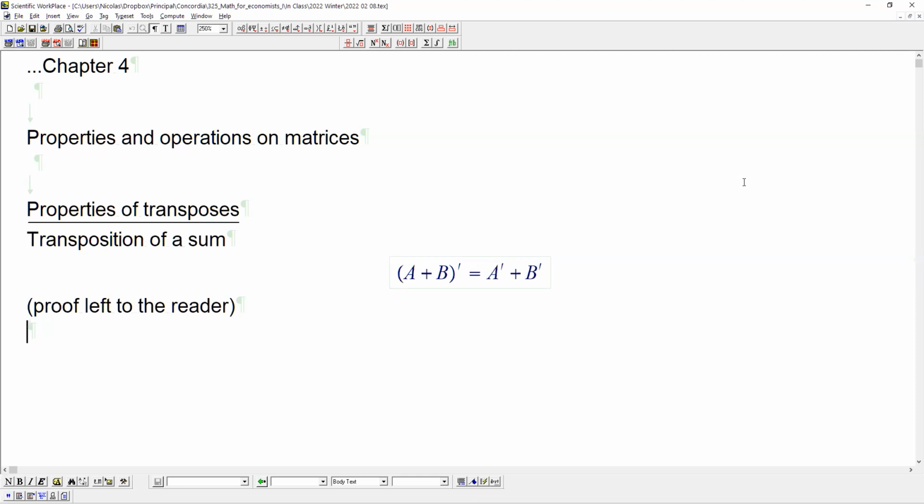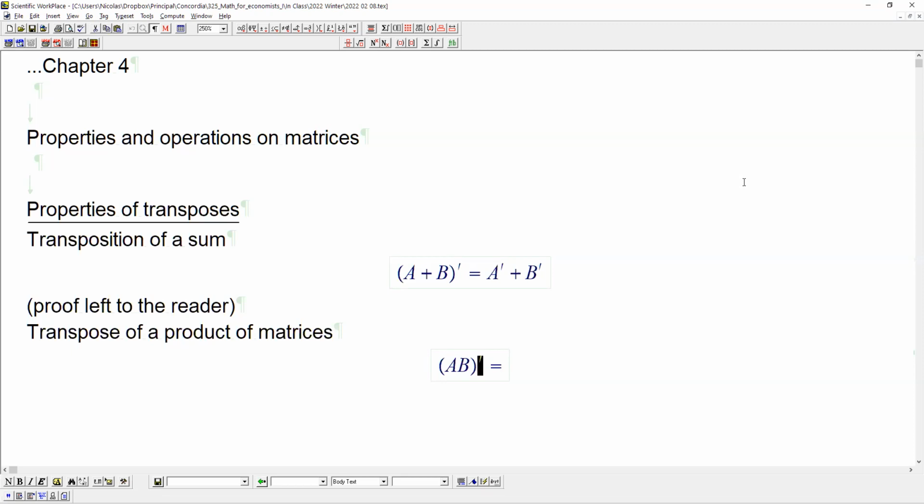A more complicated one: the transpose of a product of matrices. If I have A B transpose, everybody knows what I get? I hope at least one of you does. Yeah, exactly.